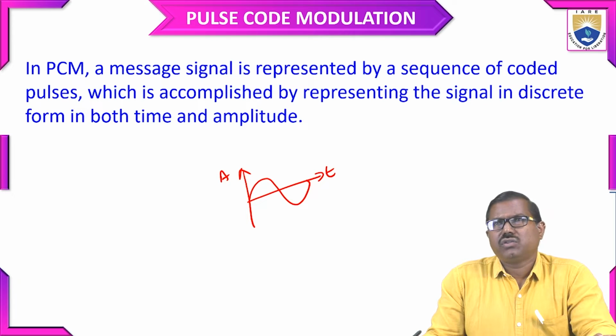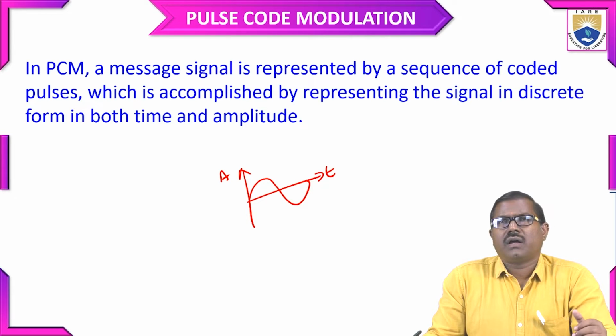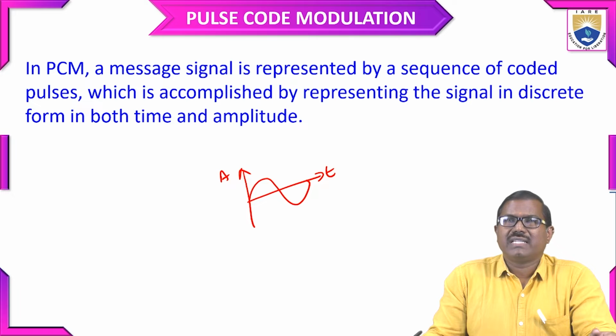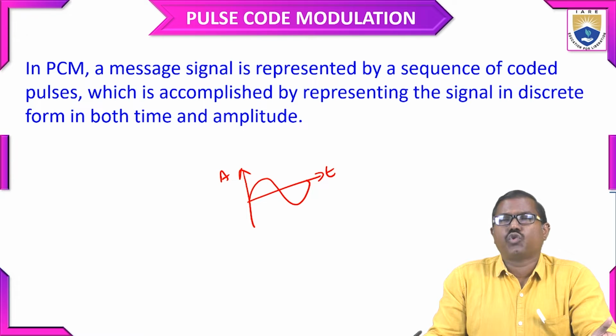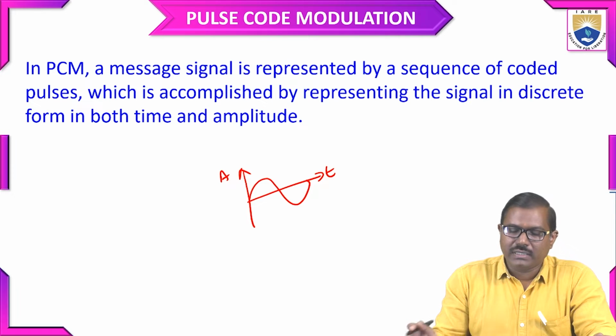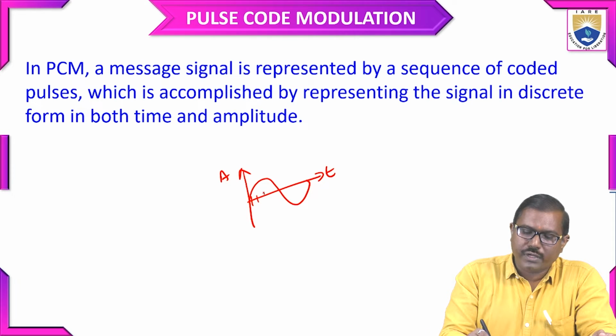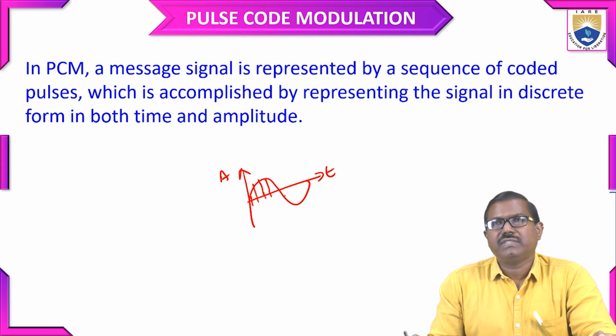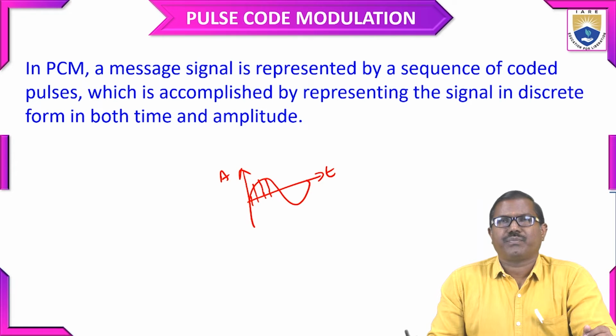In analog, it may be pulse amplitude, pulse width, or pulse position modulation. Here our time is going to be discrete. That means by using sampling, we are going to take samples like this. Time is discrete, but the amplitude is in analog form.